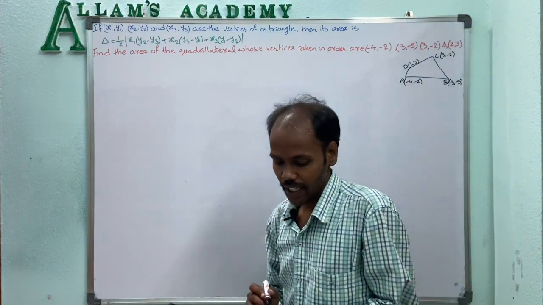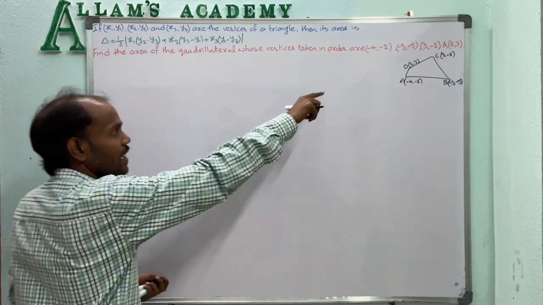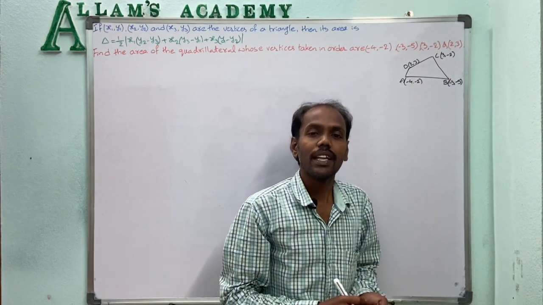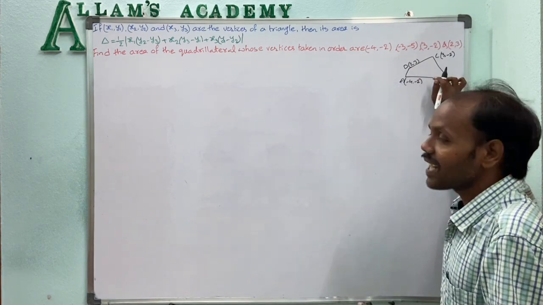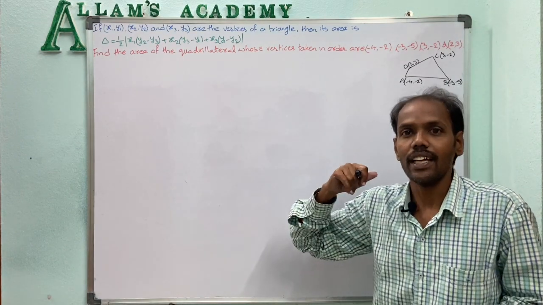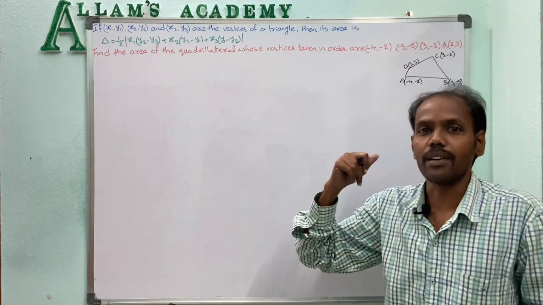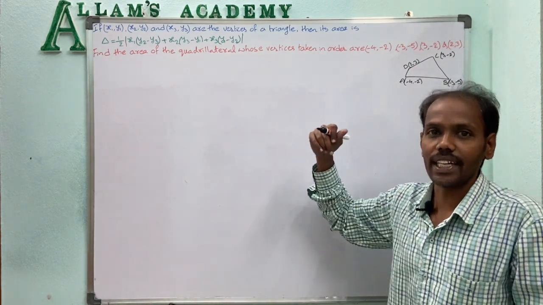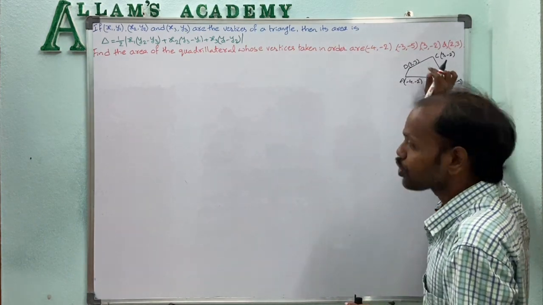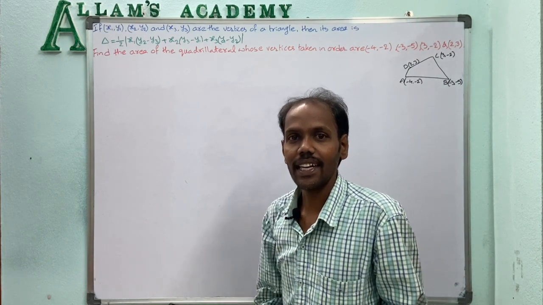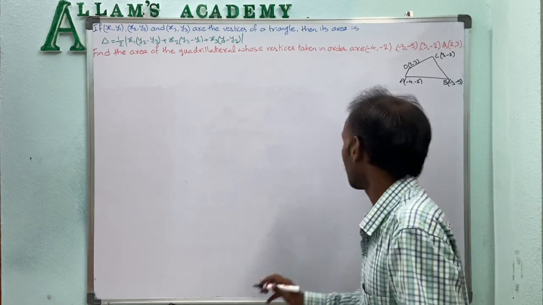Now here we know the area of a triangle principle, not the area of the quadrilateral principle. For that purpose, if we divide this quadrilateral into two triangles, find each triangle's area and add them, then we get the area of the quadrilateral. So if we join any two opposite vertices, a diagonal is drawn, which divides it into two triangles.